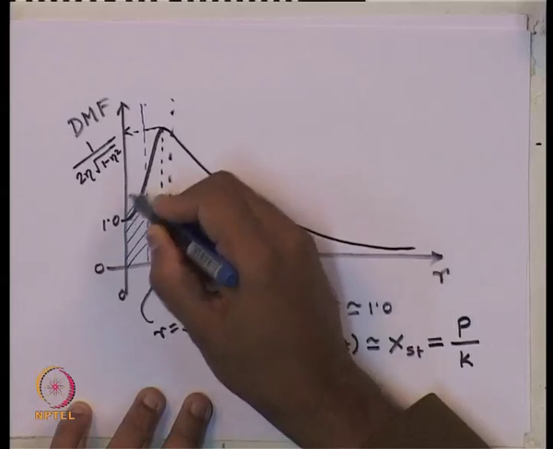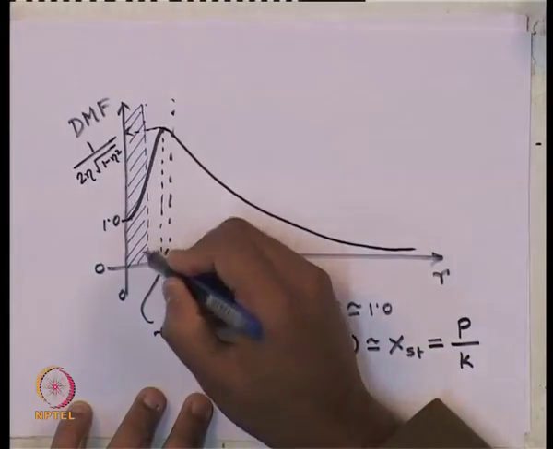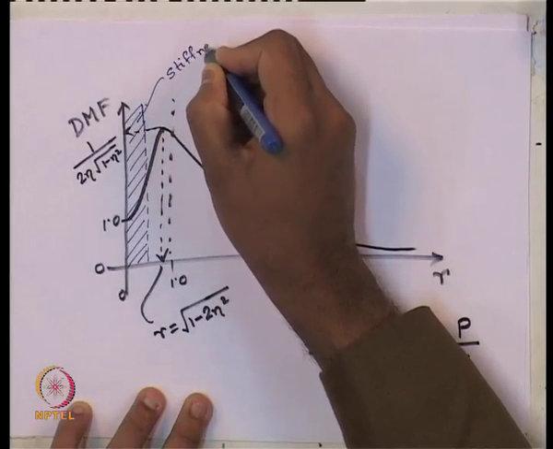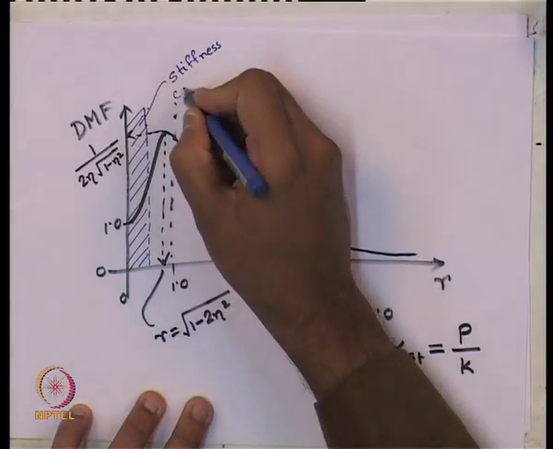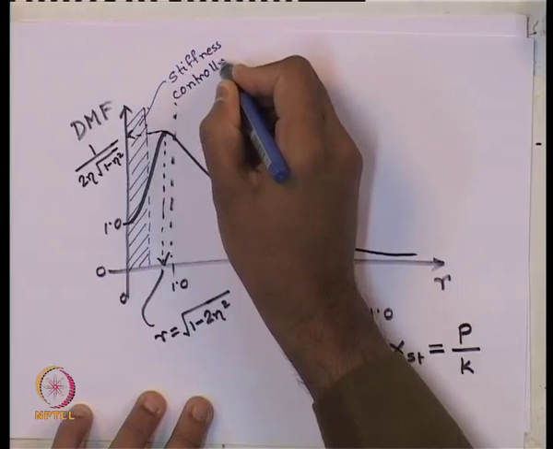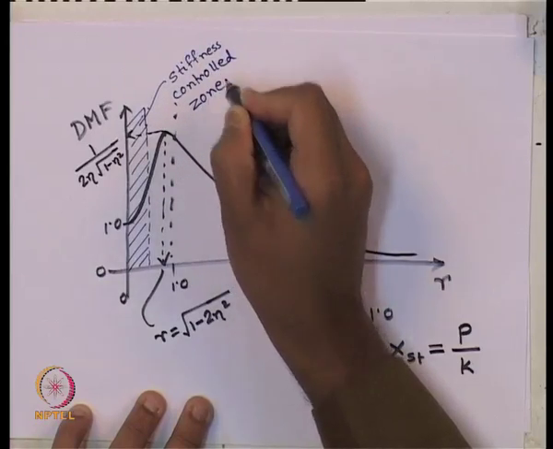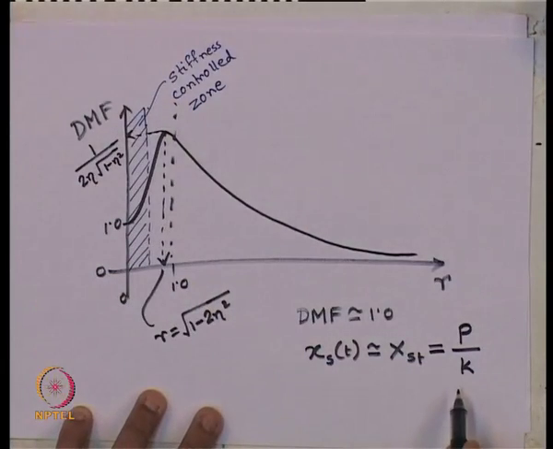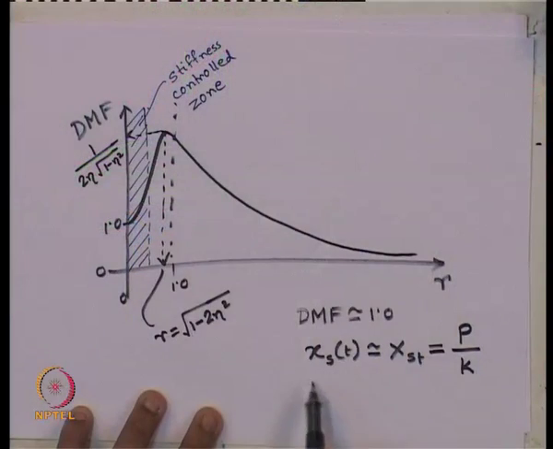This zone we can shade and we can say this is a stiffness controlled zone, or stiffness dominated zone, because in this zone, if you change the value of the stiffness of the system, you will have a direct effect on the DMF, because the DMF in this region is directly related to the stiffness parameter.